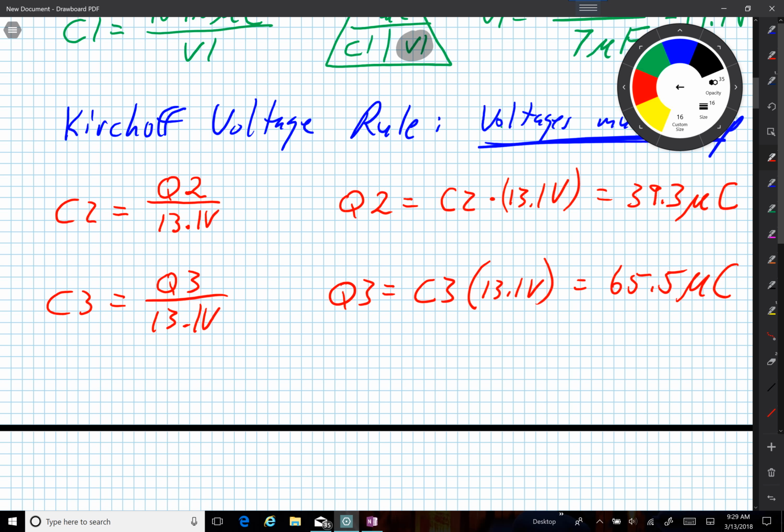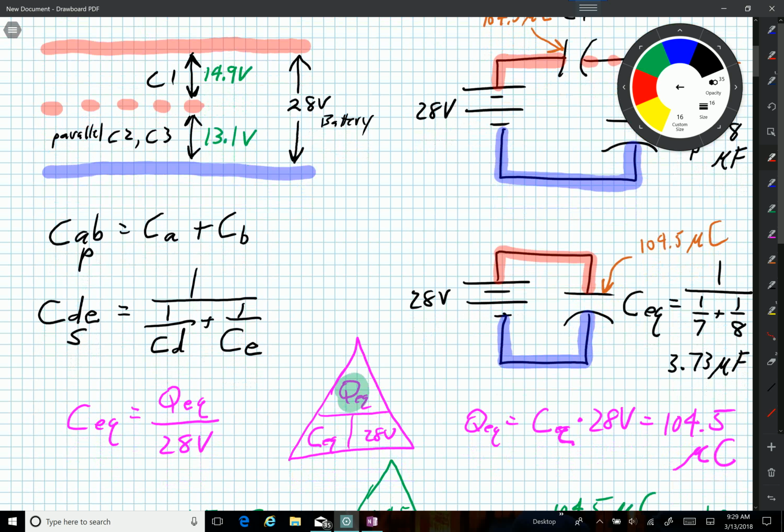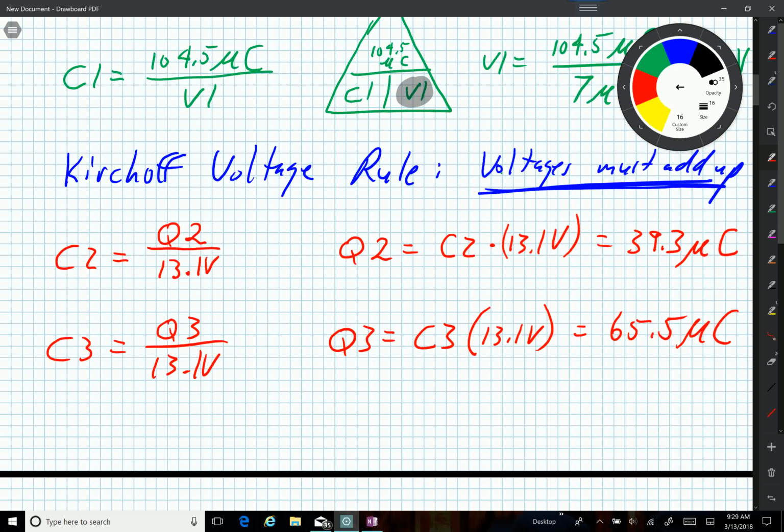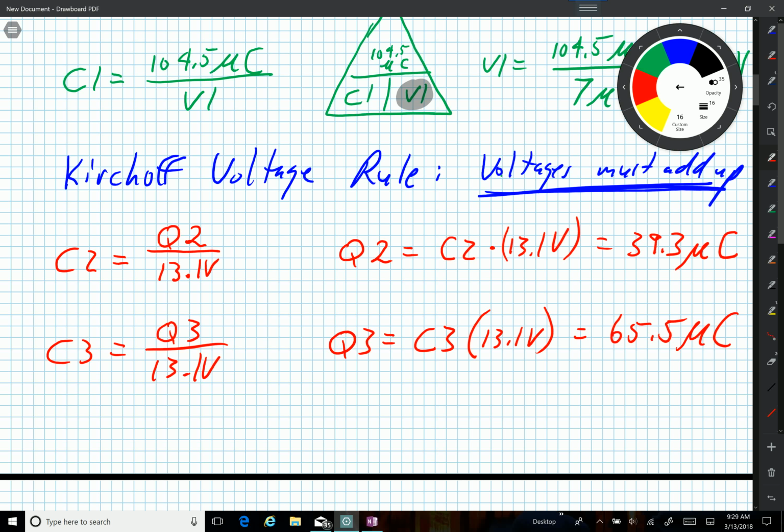And I'm going to adjust, because I'm using some rounded off numbers, I'm going to adjust here a little bit. I'm just going to adjust these numbers because I know that I'm rounding off pretty heavily.